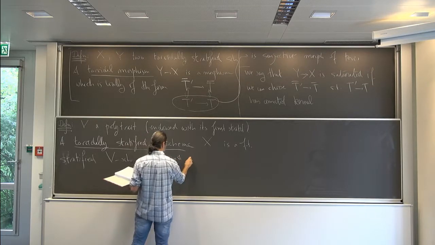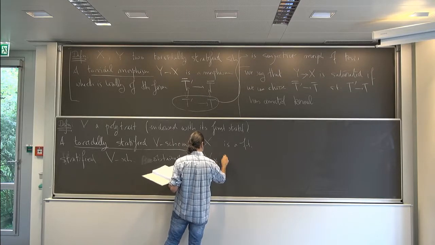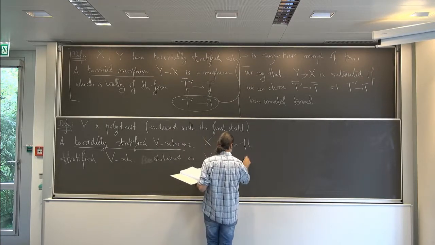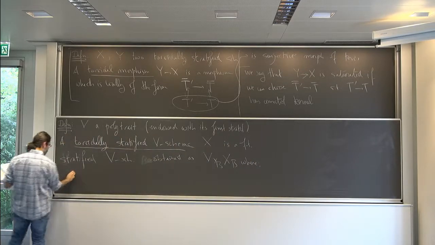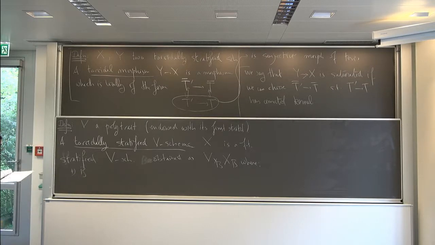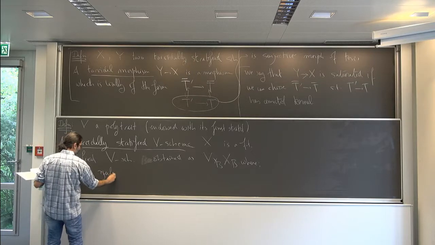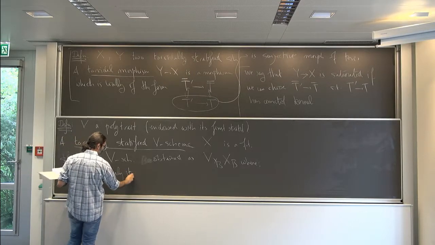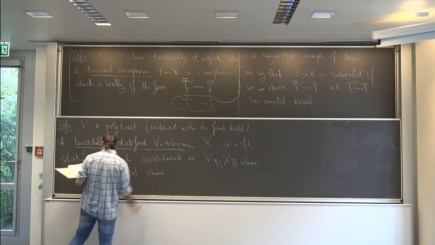Obtained as a fiber product like this, where B is a regularly stratified scheme of finite type.